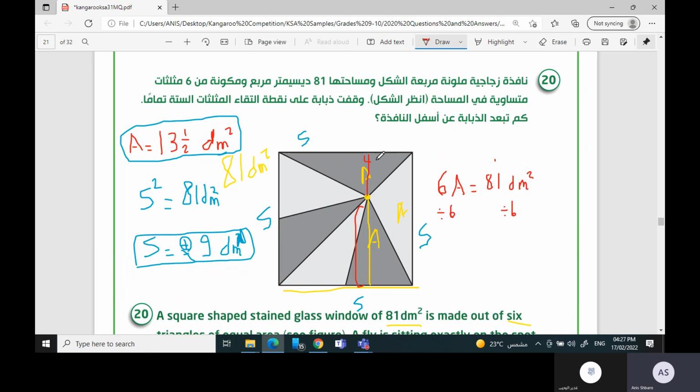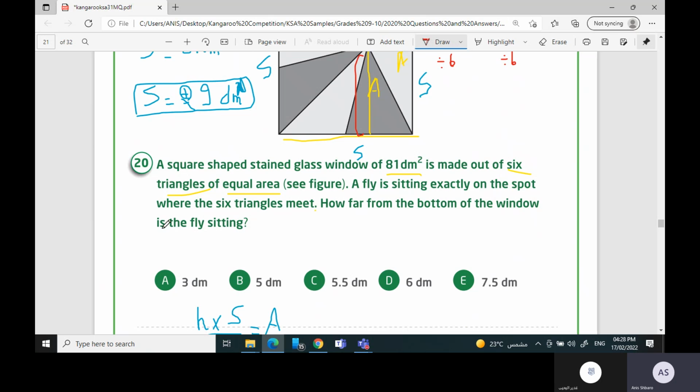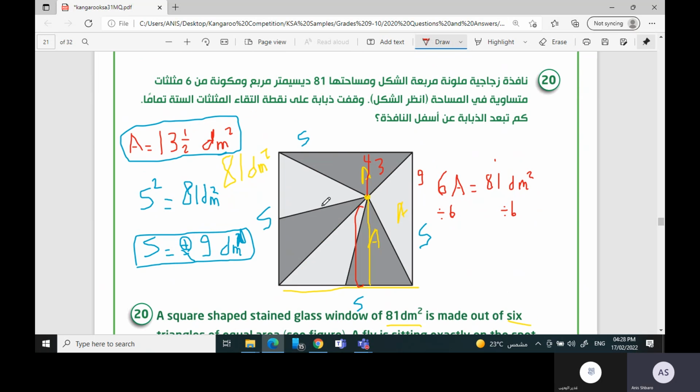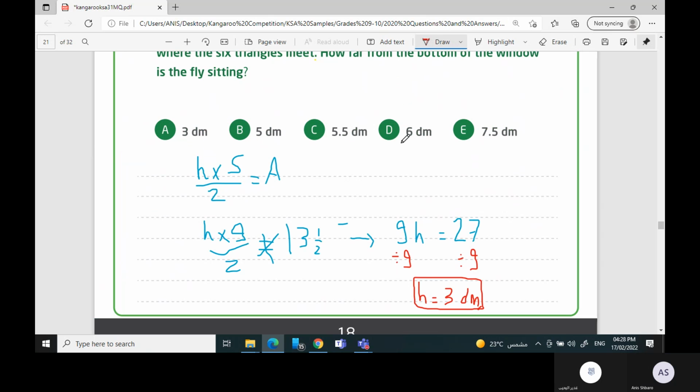I found this side because this side is 3 and this side is 9, so I can subtract them simply. Don't get confused and choose 3 directly, because 9 minus 3 is equal to 6. So this side is equal to 6, because 6 plus 3 is equal to 9. So yes, D.